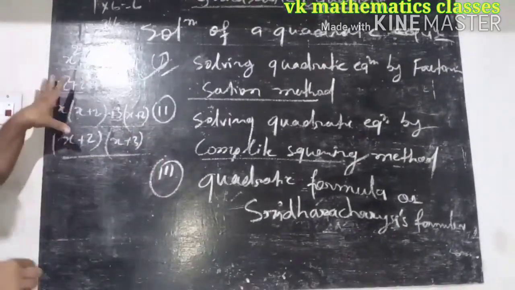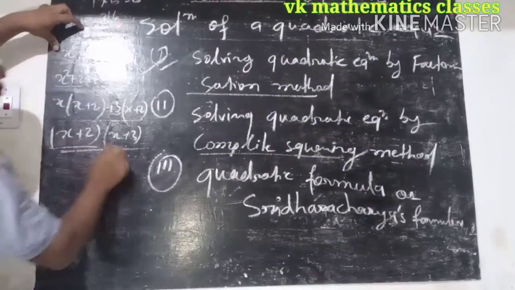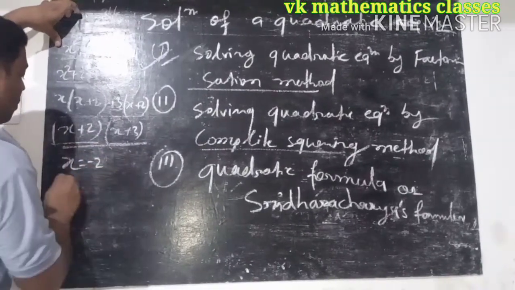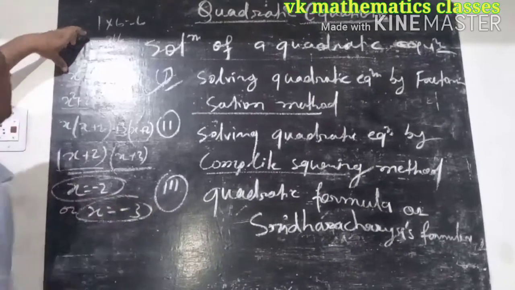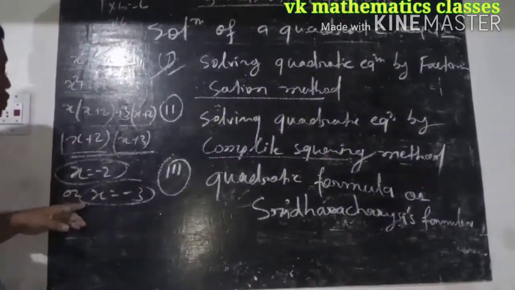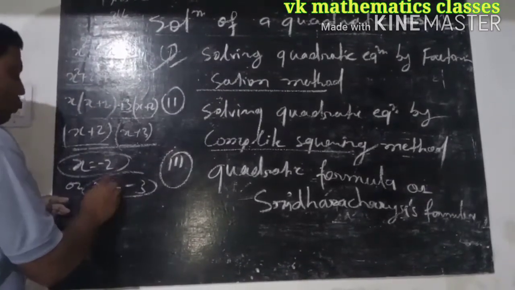By this method of solving a quadratic equation, the value of x is equal to minus 2 or x is equal to minus 3. The quadratic equation x square plus 5x plus 6 has two roots, or two zeros.